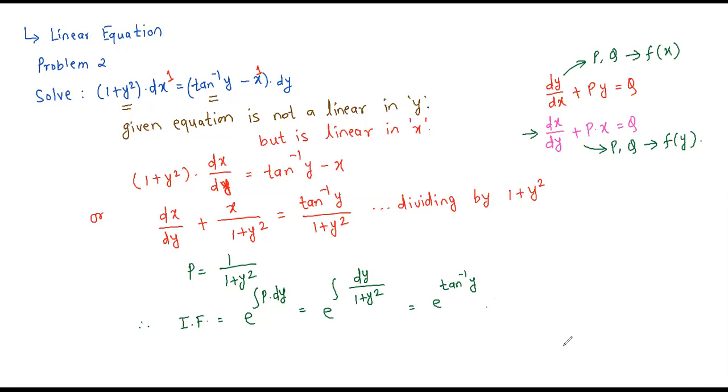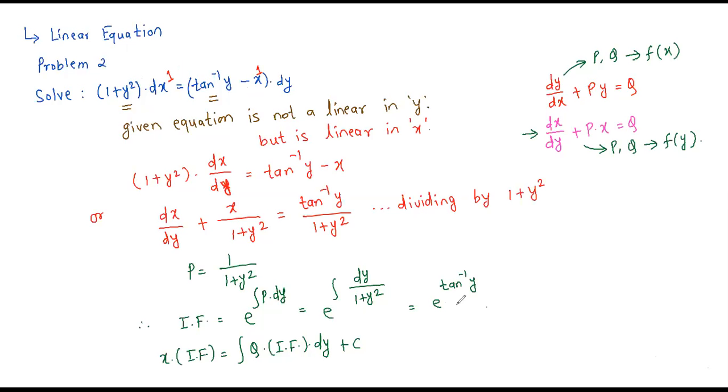Now what will be the solution? The solution will be x times the integrating factor equals integration of Q times the integrating factor dy plus c. The integrating factor is e to the power tan inverse y.